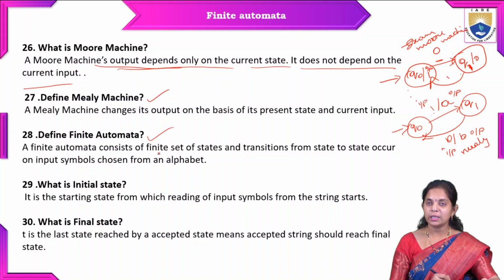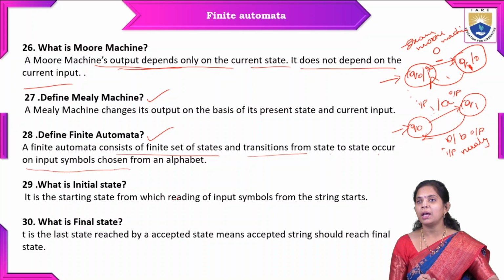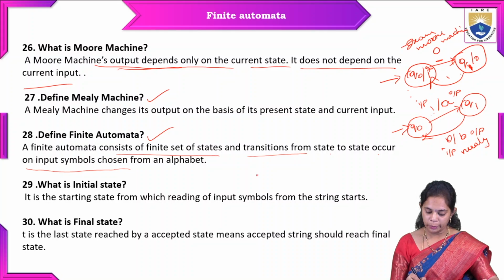And what is a finite automaton? A finite automaton consists of a finite set of states, and transitions from state to state occur on input symbols chosen from the alphabet. If you have a regular language, we need to construct a finite automaton. How are we going to view the finite automaton's transition?